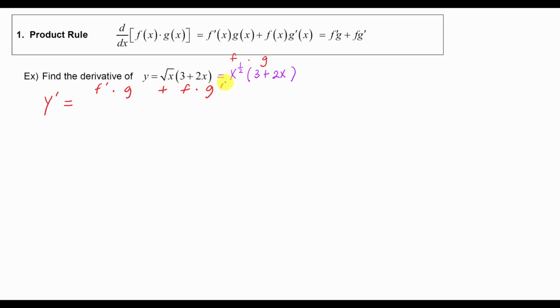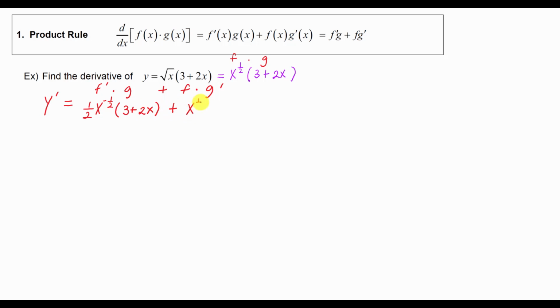So what is f prime? When you take the derivative of x to the 1/2 power, the power comes down, 1/2 comes to the front, x to the, you lose 1 from the power, 1/2 minus 1 is negative 1/2, times g, we don't change anything, we just write g, plus f.